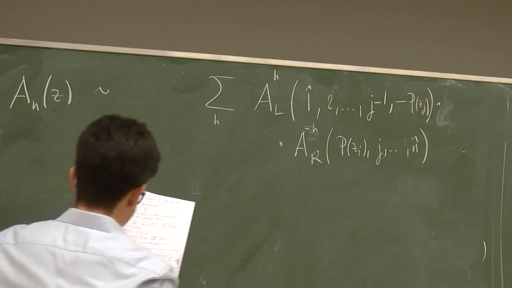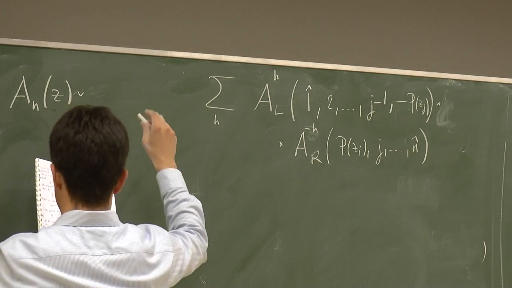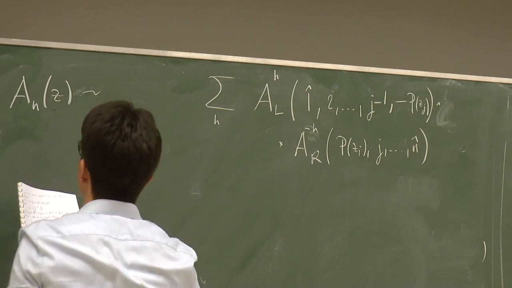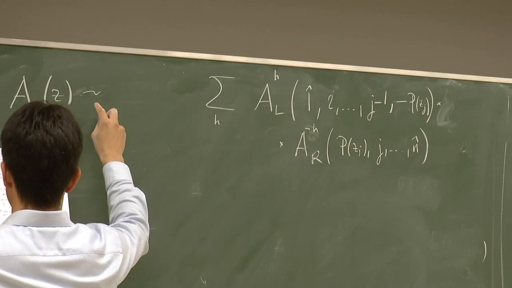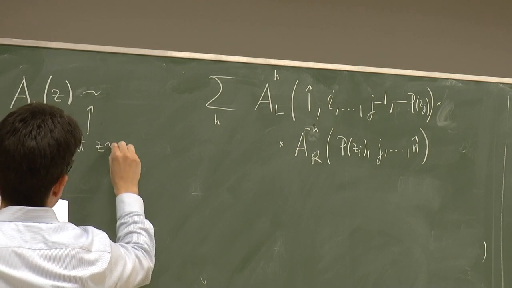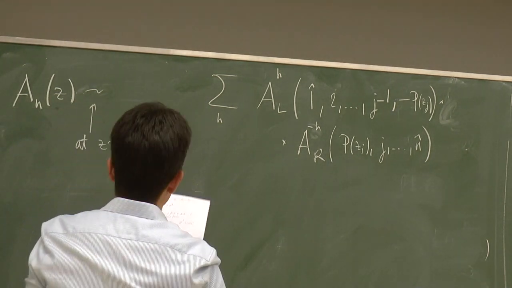Now, what else do we have? What this kernel line means is that in the vicinity of z close to zj, we have this pole.